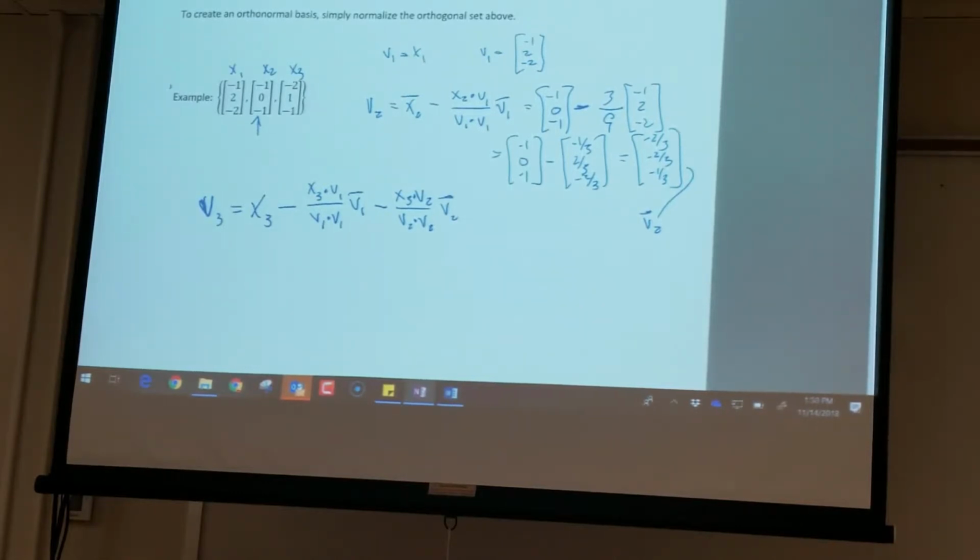Now, before I go on, I'm just looking ahead a little bit at v2, which is a bunch of fractions, a vector full of fractions, right? Does it matter what the length of v2 is?